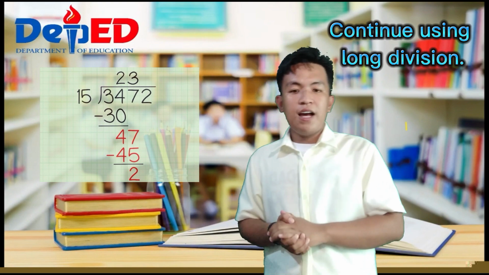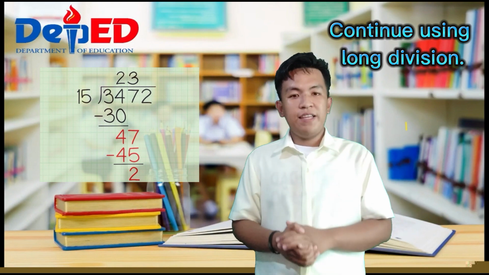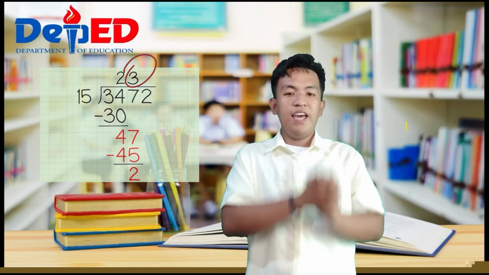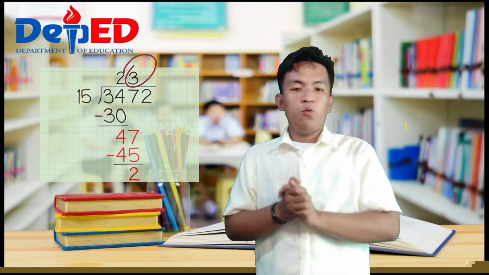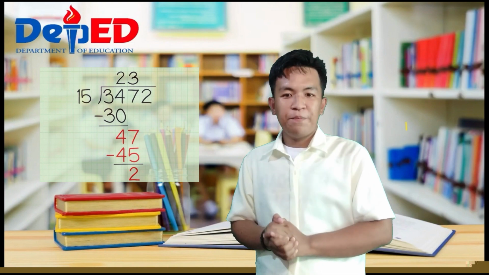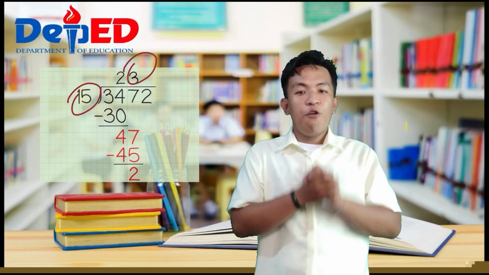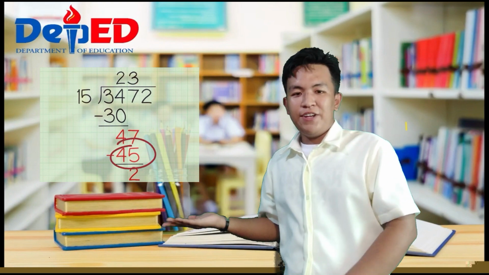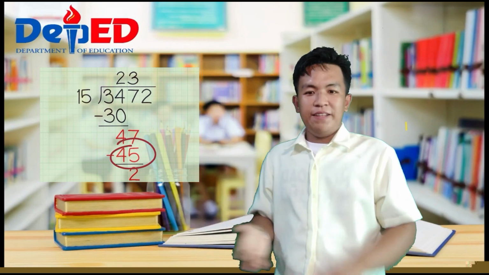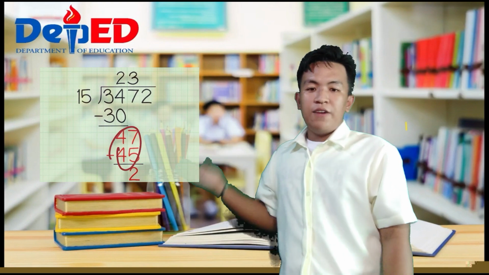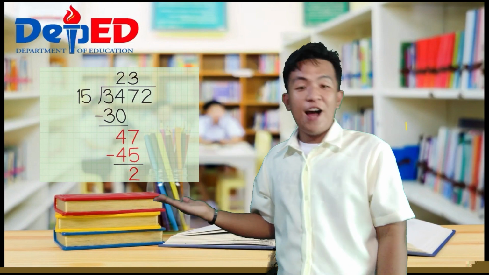Remember, we just calculated 47 divided by 15 is equal to 3. And now, we want to find what is left over. 3 times 15 is equal to 45. Write 45 underneath the 47. Solve 47 minus 45. Write 2 underneath the 45.